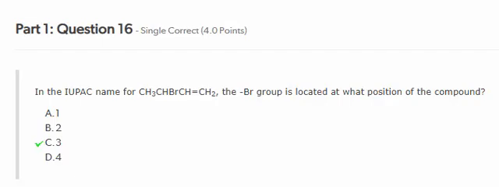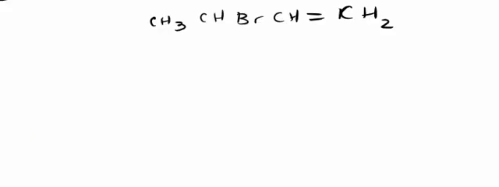Well, first let's draw it. So I start with my condensed formula here. And I know that these carbons are part of the backbone. So I have 4 carbons. There's my 4 carbons. Now, even though this bromine is not in a parenthesis, I know it is a substituent because bromine only wants to make 1 bond. It's not going to be part of the parent chain. So let's walk down this chain a little bit.